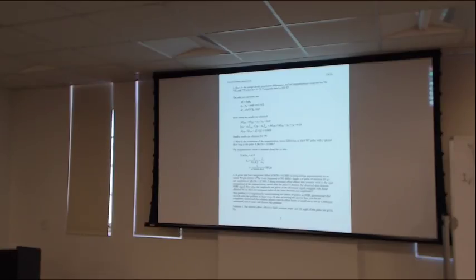So do we have any volunteers for this problem? So we have a pulse that's off resonance by some amount. So we have an effective field, and we want to know where the magnetization, Z magnetization, ends up after that pulse.